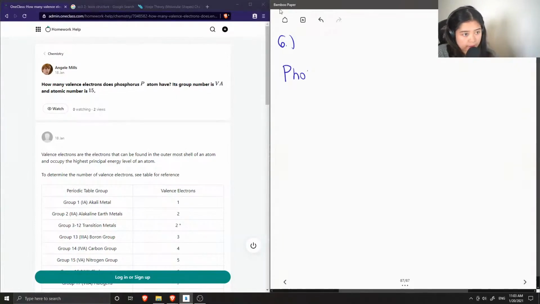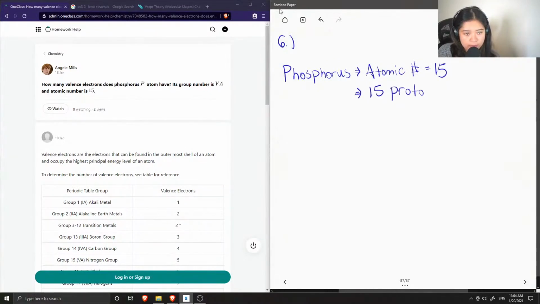So we know that phosphorus has atomic number equal to 15. So this means that there are 15 protons in phosphorus.